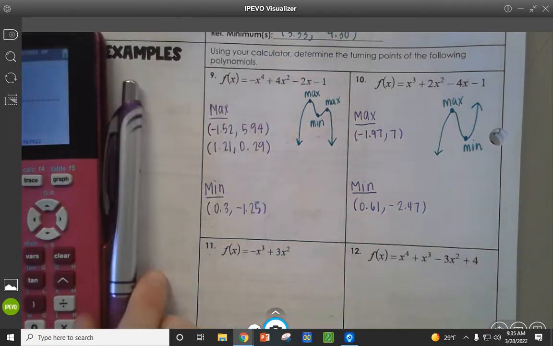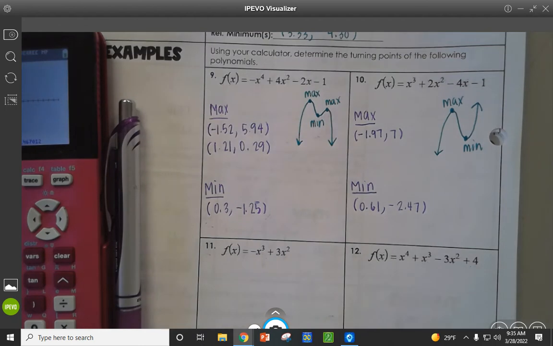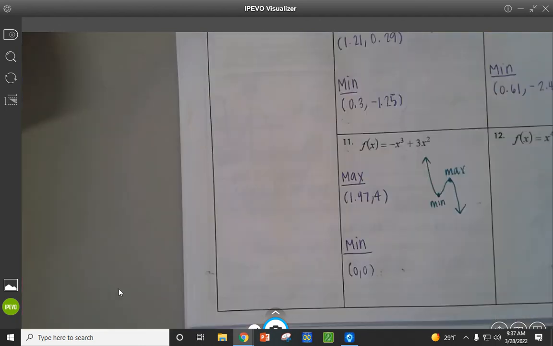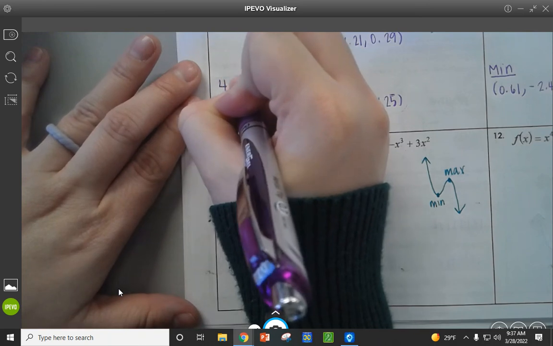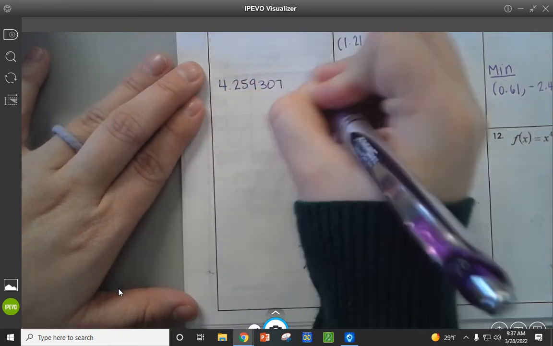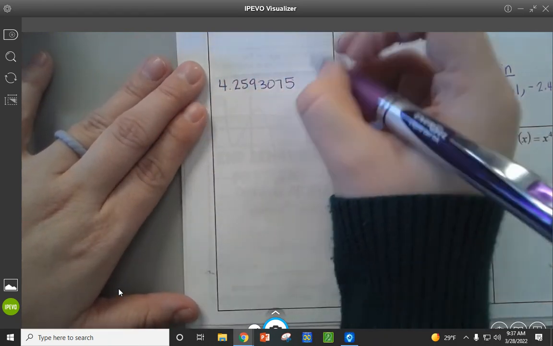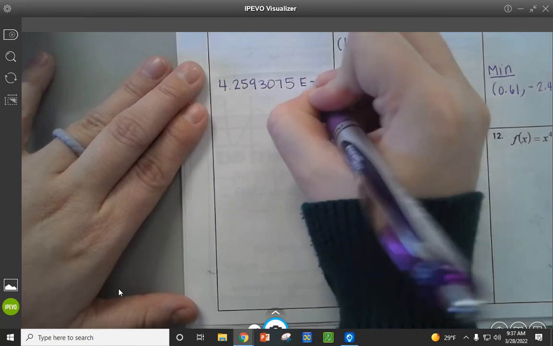I want you to work on numbers 11 and 12. If you see a number on your calculator that looks, I'm going to make something up, 4.2593075, and then it'll say E -10.